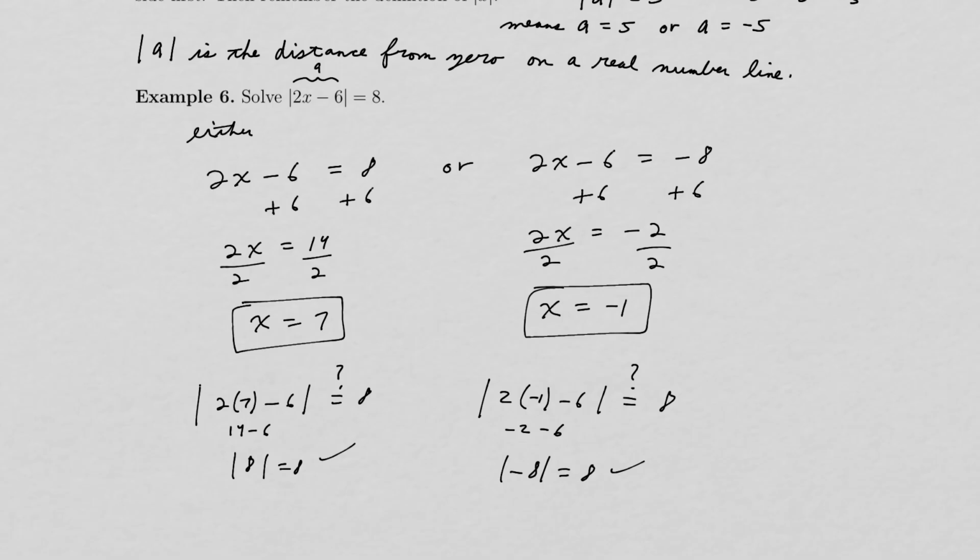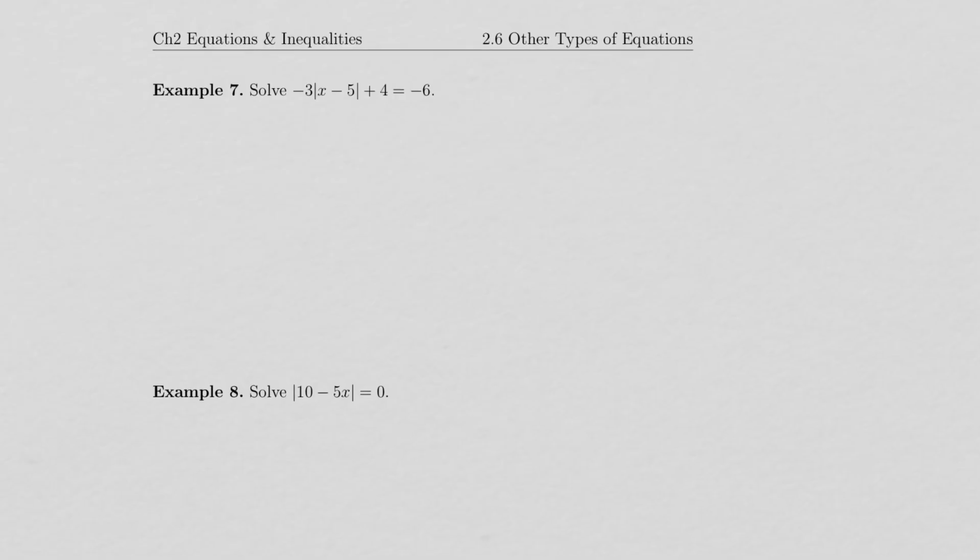Okay, let's do a few more of those. Go to the next page. So in order to solve it, notice that we had to isolate the absolute value piece of it. So that's what we'll do in this case. Let's first isolate it.